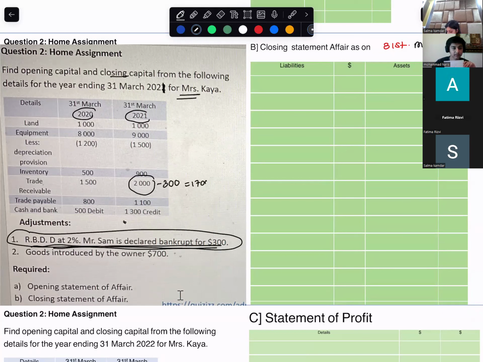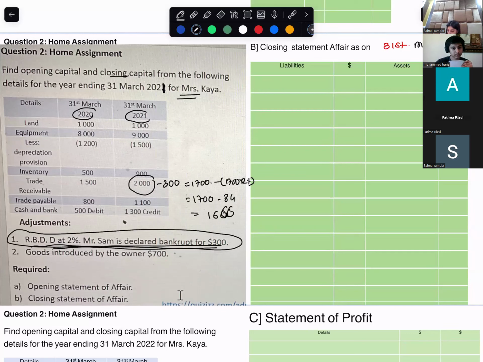So you get 1,700 into 2%. What is 2% of 1,700? 34. What is your net trade receivable? 1,666. Lovely.